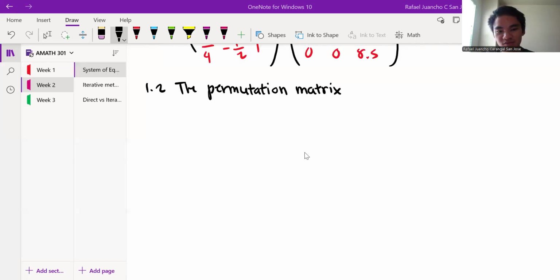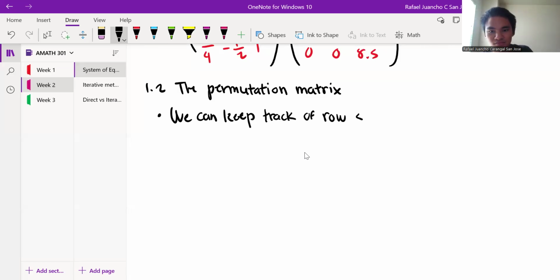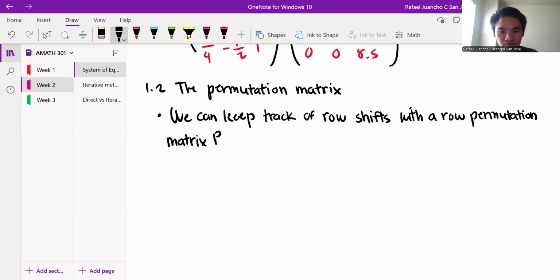However, in LU decomposition, we must keep track of the row shifts since they will affect the right-hand side vector B. And so one of the purposes of the permutation matrix is that we can keep track of row shifts with a row permutation matrix. Let's call it P for permutation.